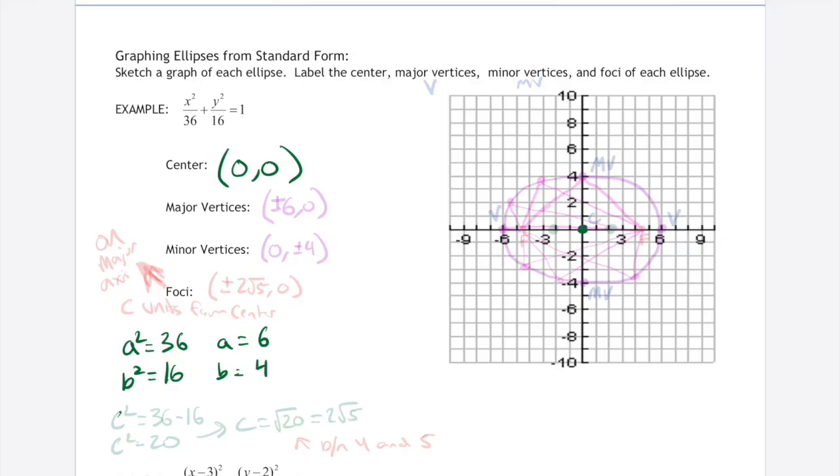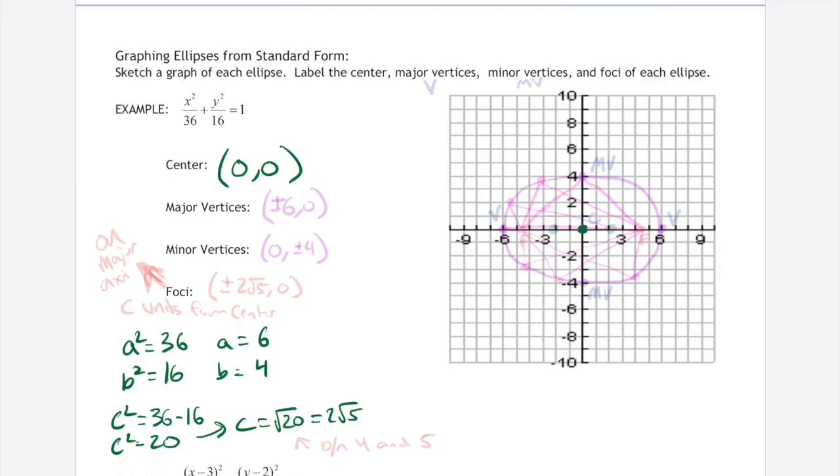And then c squared is a squared minus b squared. 36 minus 16, so c squared equals 20. So c equals root 20 or 2 root 5. I like to put both, root 20 and 2 root 5.